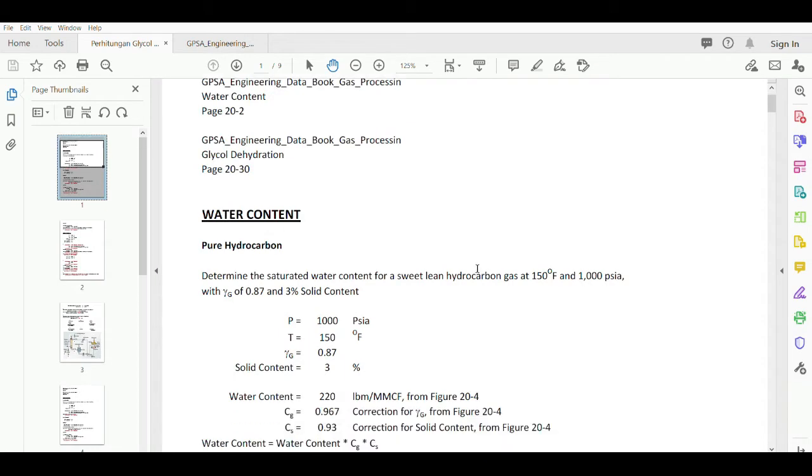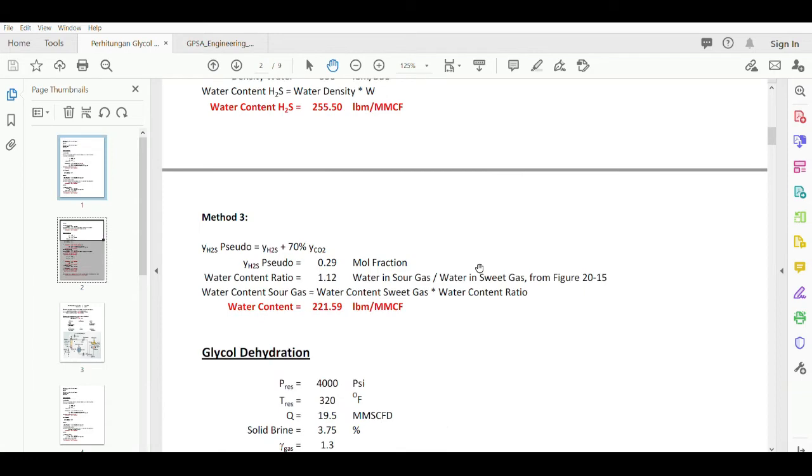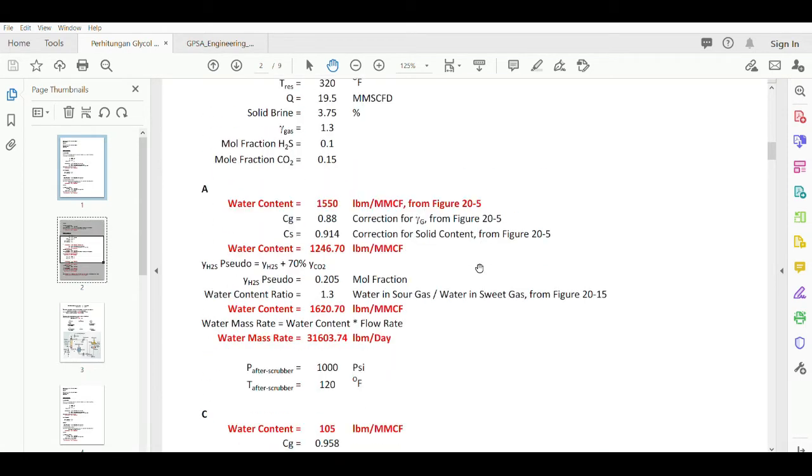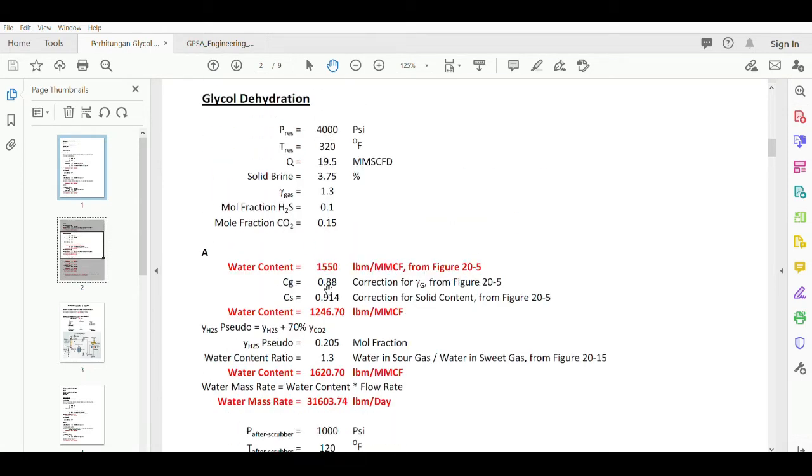Okay, go back to the first slide, so we have a corrected water content of 1247. But we continue with the impurities. We will use method number 3.